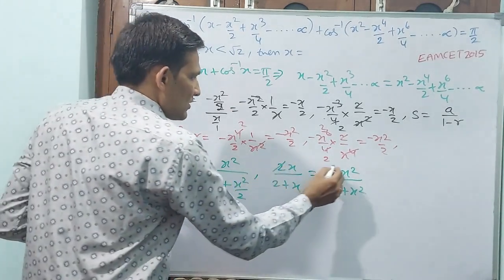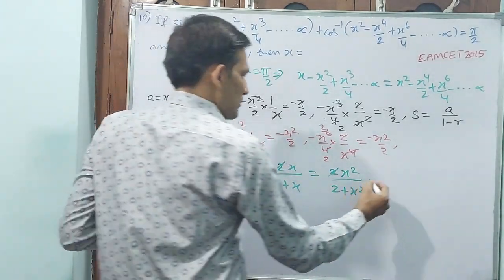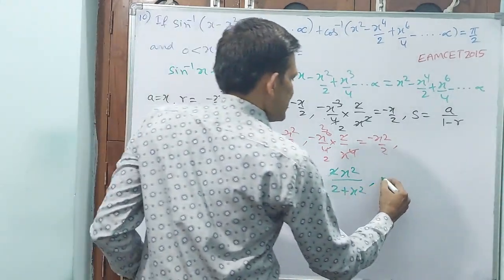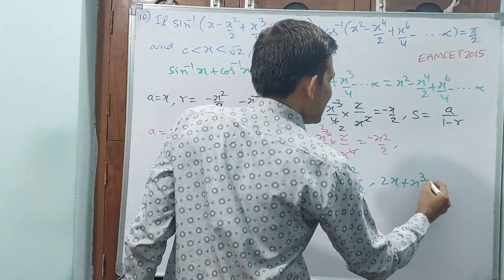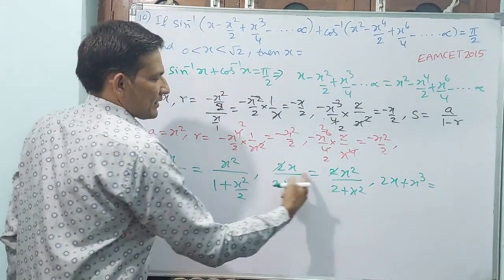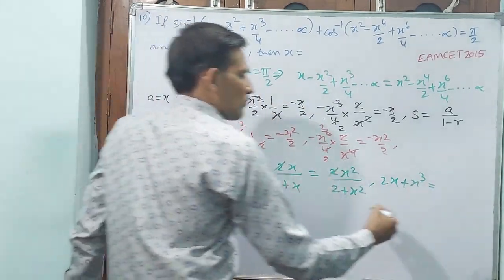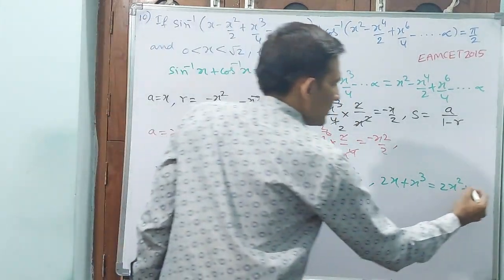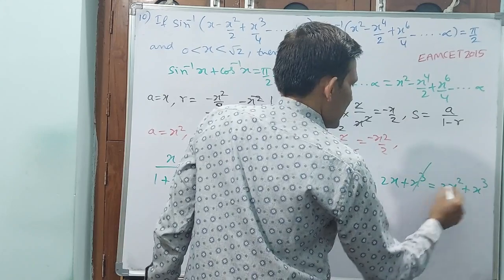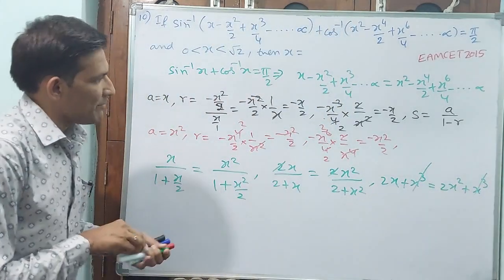Then you cancel out these 2 and you cross multiply. 2x plus x cube is equal to 2x square plus x cube. Cancel out these two, x cube is the same.